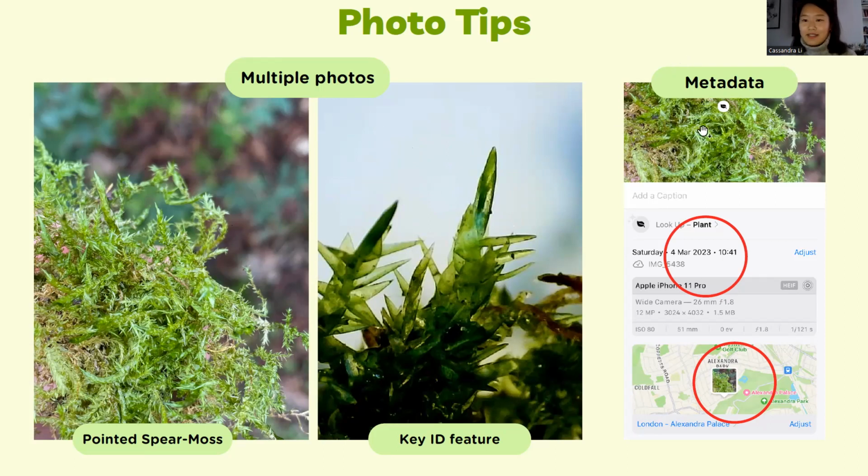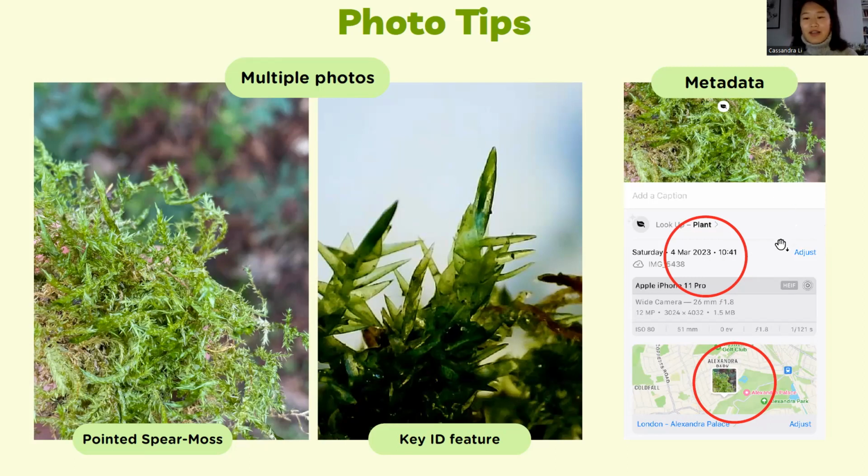Another thing is metadata. Normally if you are using a phone to take a photo, it will automatically include when you took the photo and the location. Remember we said earlier, what is an observation? It will include the location and time, so it should be automatically included.